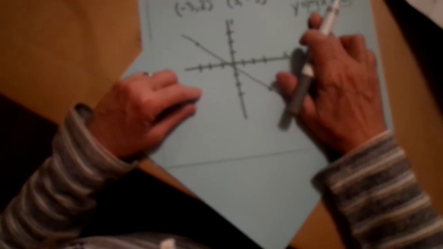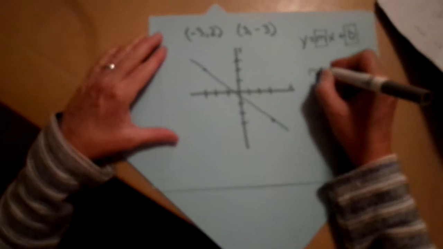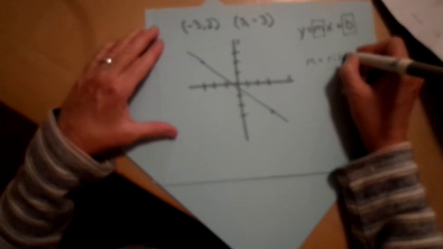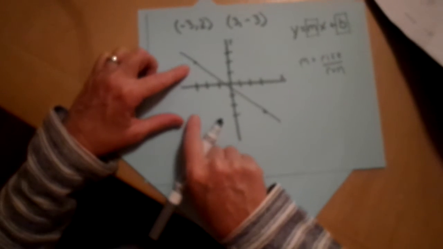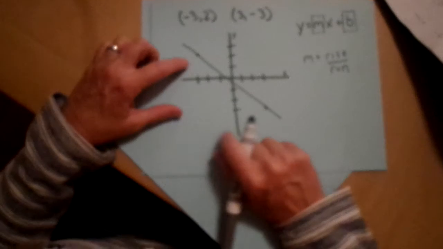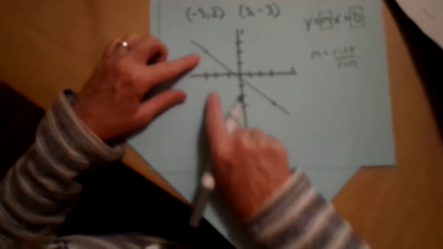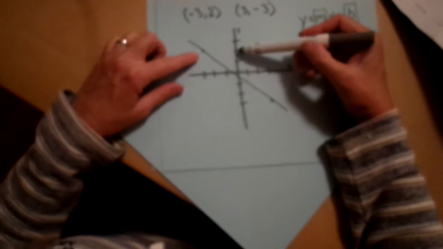But we can find out directly what the slope is from this. If you remember, the slope is the rise over the run. So in these 2 points, we can figure out what the rise is. The rise here goes down, so it's going to be negative.